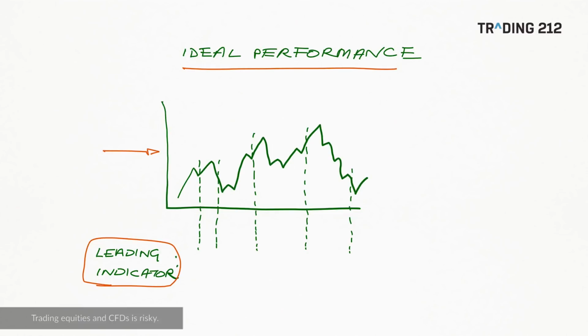And so what we would expect for an ideal performing indicator might be to give us a sell signal here before the market turns and reverses and heads lower, a buy signal here before we get the rebound, a sell signal here before the market turns lower, a sell signal here before the market turns lower again, and a buy signal here just before we get a bounce. So each time those signals are leading the change in the market by a little bit, giving you some kind of prediction of what might happen.